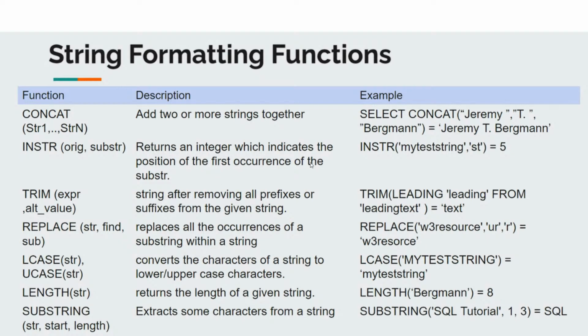InString returns an integer that indicates the position of the first occurrence of the substring. This can be useful if you need to know where to start to parse a string. So if you're looking for a string, it's going to look through this string, and for the first instance of it, 1, 2, 3, 4, 5. Where this becomes useful is if you do a left or a right string function, you can tell it where to start.